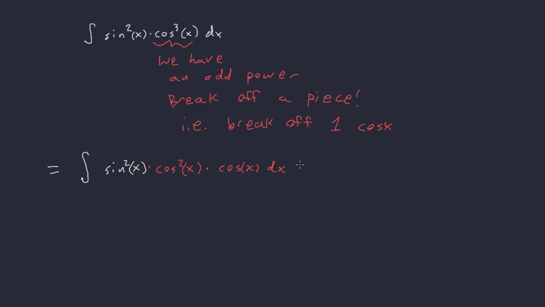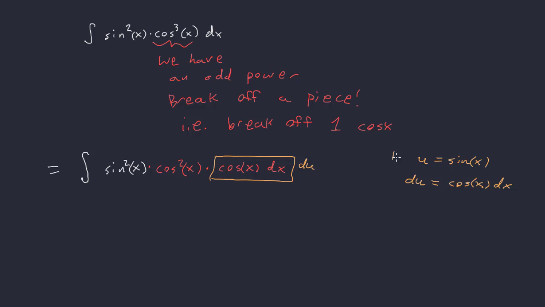So that's what I mean by we break a piece off. We break one of these cosines off. And how we set up this u substitution is we want this part we've broken off to be our du. I want my du to be cosine of x dx. So now that tells me what I want my u to be. If I want my du to be cosine, that means I want my u to be sine.